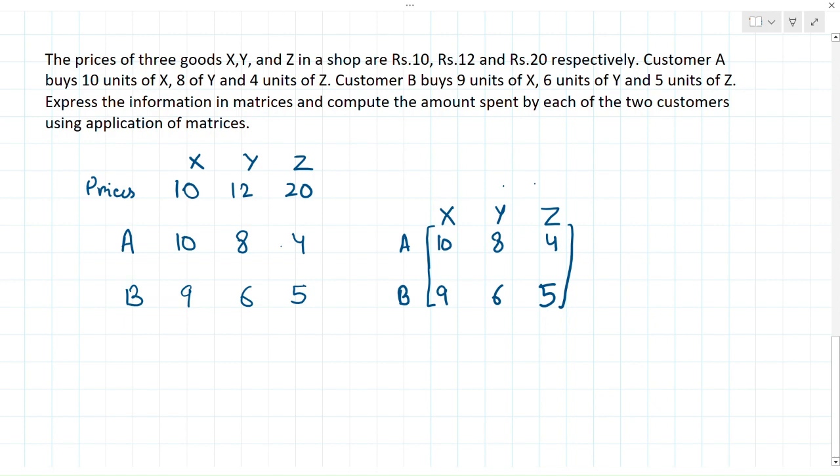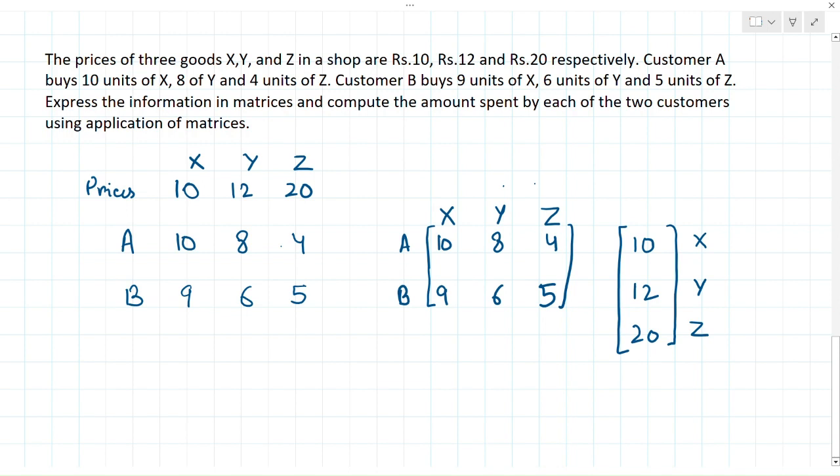Now we will be making the second matrix. अब देखो जो चीज फर्स्ट मैट्रिक्स में तुम्हारे कॉलम्स में है वो चीज तुम्हारे सेकंड मैट्रिक्स के अंदर रो में होनी चाहिए. तो फर्स्ट मैट्रिक्स में X Y Z is represented in the form of columns. सेकंड मैट्रिक्स में X Y Z is represented in the form of rows.